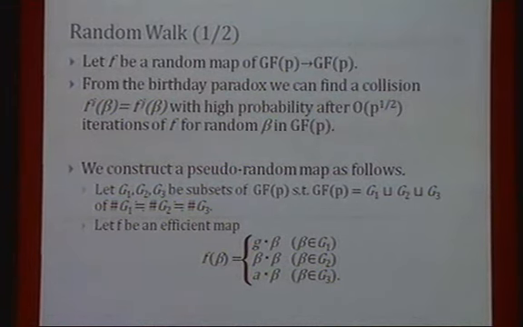And if beta is in G3, we multiply by the target element a. So as you see here, we have only one multiplication. It's the minimum to do this operation. Of course, there are some improvements. In some cases, we drop a multiplication or something. So this seems very efficient.